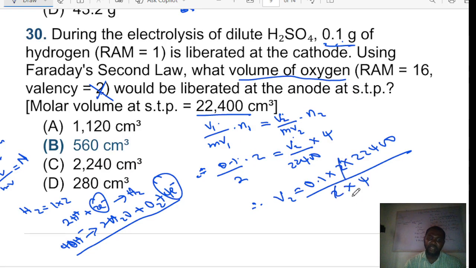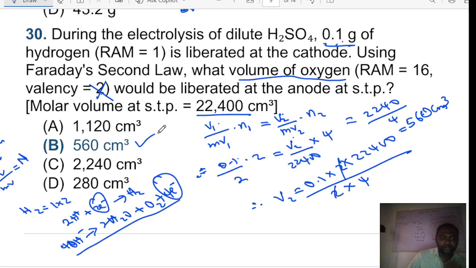So 2 cancels 2 here. I'm going to be left with 2240 divided by 4, and this is going to give us 560 exactly cm cube. So the answer to this question is B.